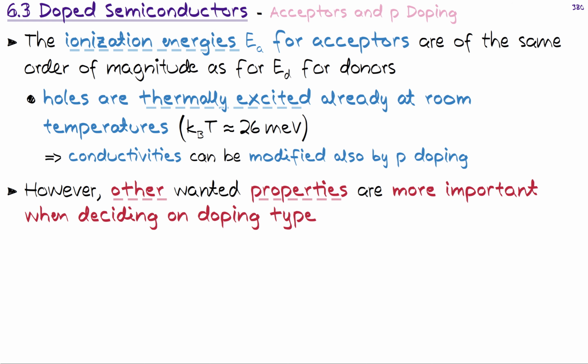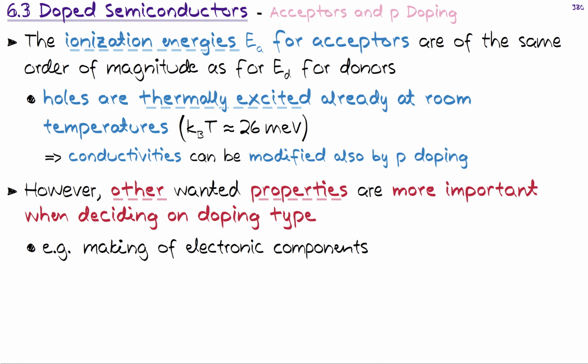And this is in fact more important when we are trying to make real semiconductor devices, and when we are trying to decide what kind of doping to actually make. So let me just try to clarify here, and this is slightly beyond our scope because we are more interested in solid state physics, and here we are quite quickly going more towards the field of engineering. So let me just clarify shortly.